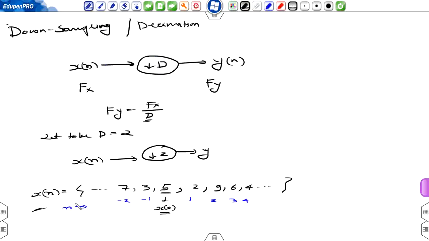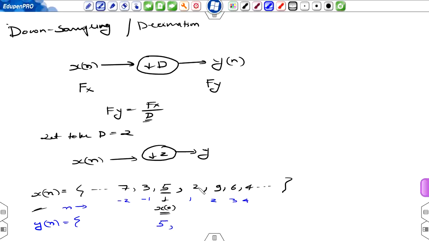And y[n] can be written as, so for d equal to 2 it will select one sample, it will reject one. So if it selects 5, 2 will not be selected.